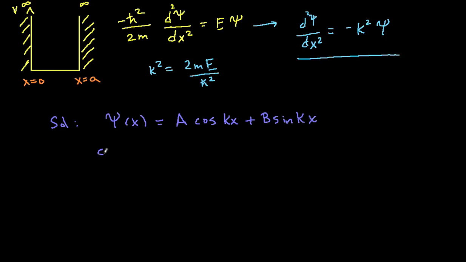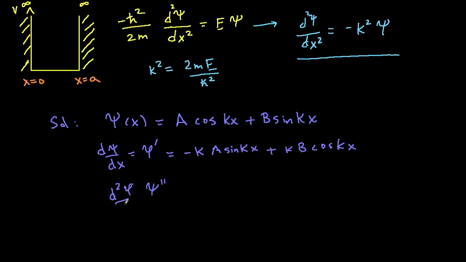So d psi dx, which we often write as psi prime, is equal to minus k a sine kx plus k b cosine kx. If we do the second derivative, psi double prime, d squared psi dx squared, again we get a factor of k out and another factor of k out.